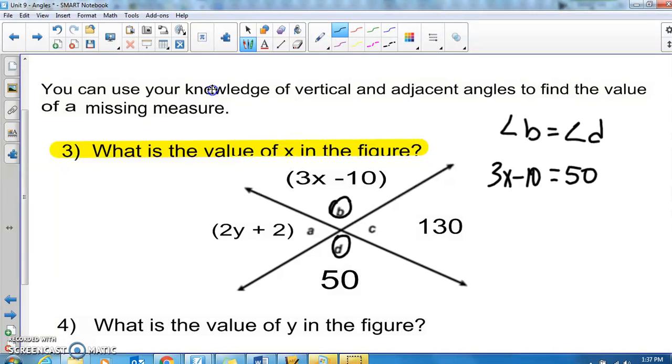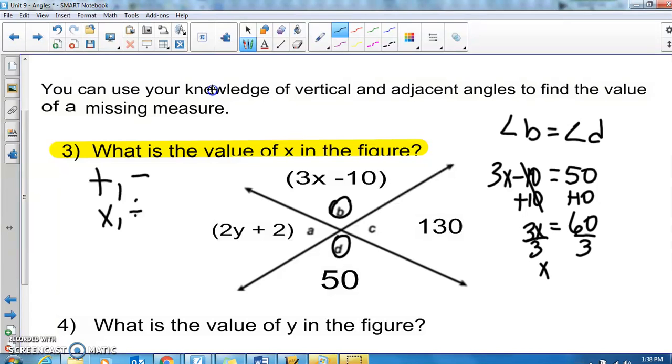So I can set my equation up like that. Now all I'm going to do is go through the process, same as we do with equations and inequalities. We take care of adding and subtracting first, and then multiplying and dividing. So I'm going to add 10 to the other side. That cancels out, so I bring down 3x. 50 plus 10 is 60. Divide each side by 3. And that gives me x equals 20.